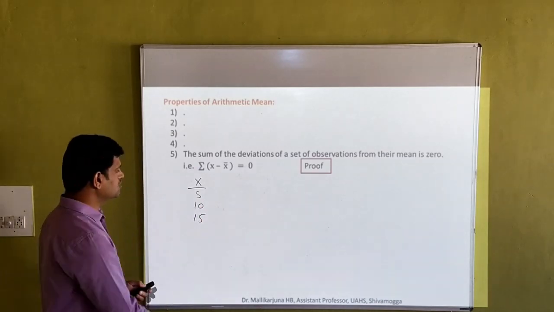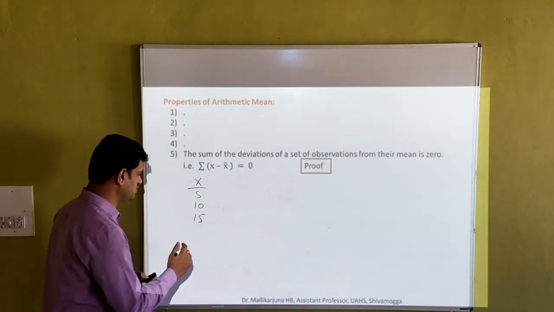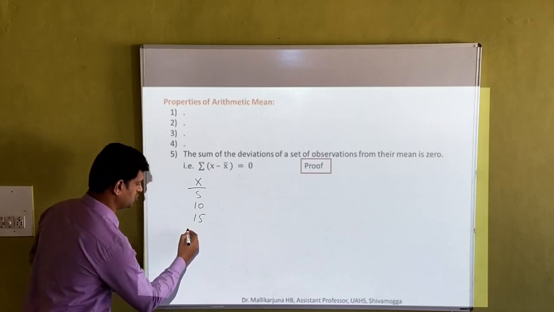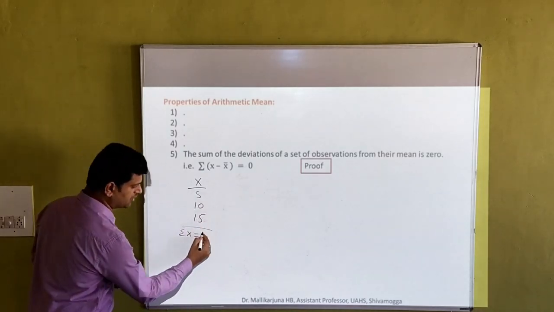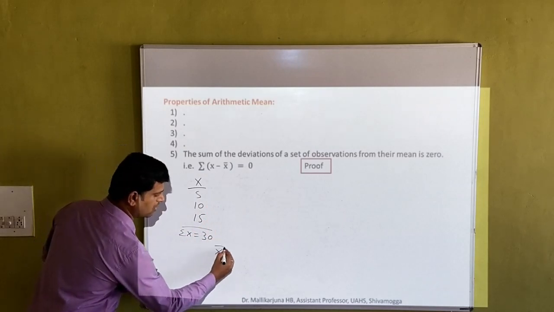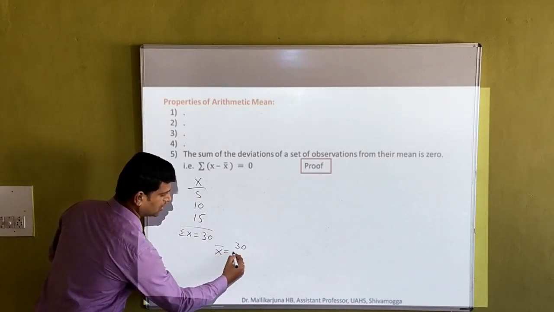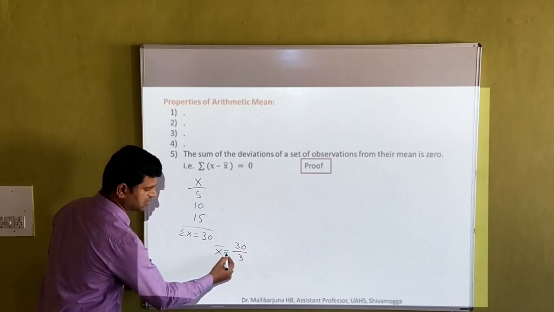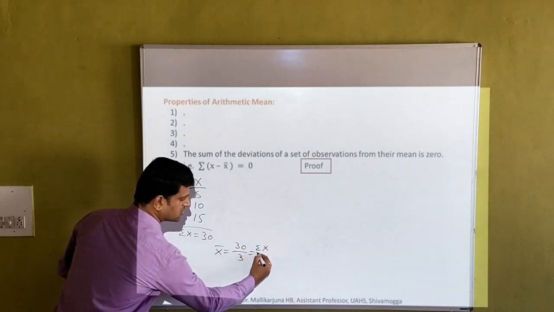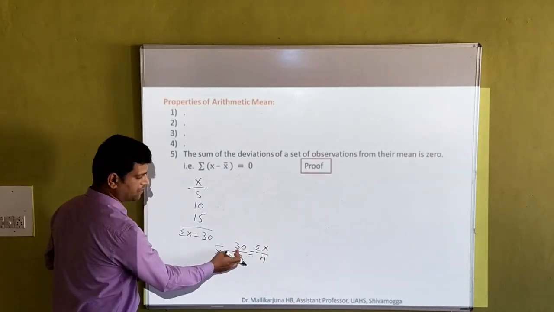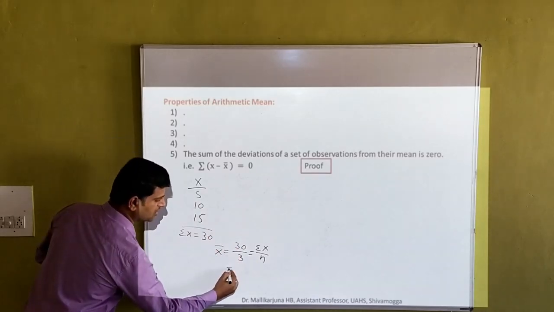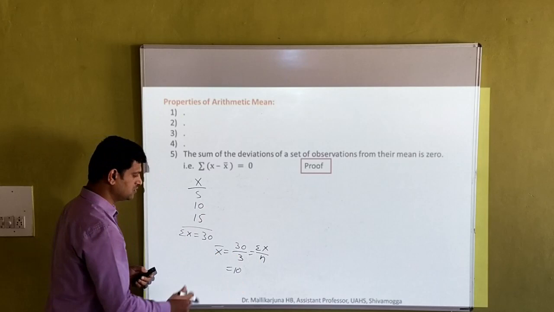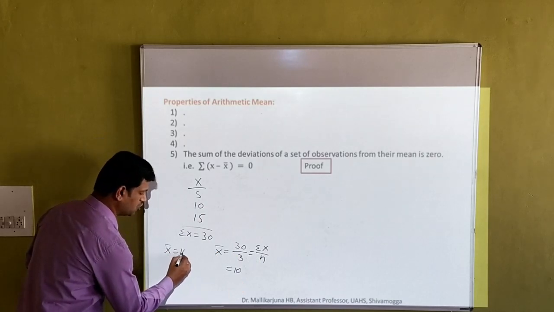Find the mean. Before the mean, take the summation. Summation of x is equal to 5 plus 10 is 15, 15 plus 15 is 30. So x bar is equal to 30 by 3. The formula is summation of x by n. Summation of x is 30, n is 3 observations. 30 by 3 is 10. So x bar is equal to 10.